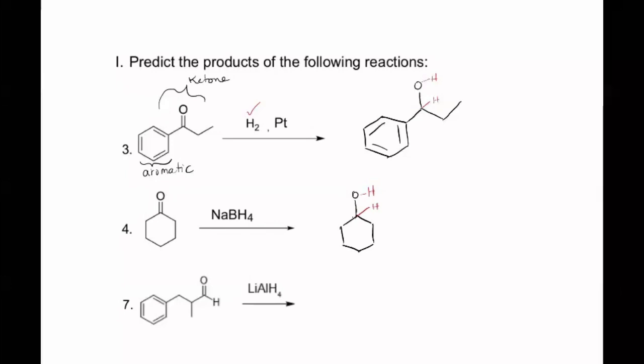Lastly, in reaction 7, we have an aldehyde reacting with lithium aluminum hydride. Sodium borohydride or lithium aluminum hydride do not affect benzene rings, just like we saw that H2 does not affect benzene rings. So when we look at molecule 7, the benzene ring is going to stay intact.